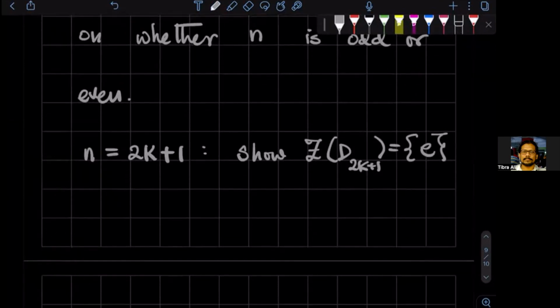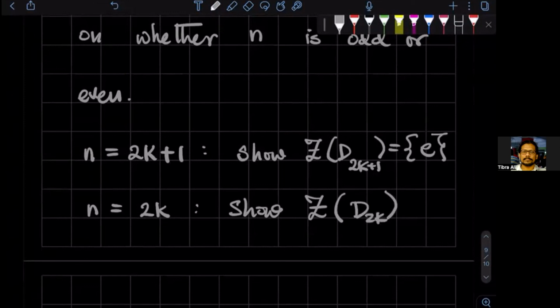Okay. But if n is even, if it's 2k, then show that Z of D of 2k is the identity and the rotation raised to the power k.